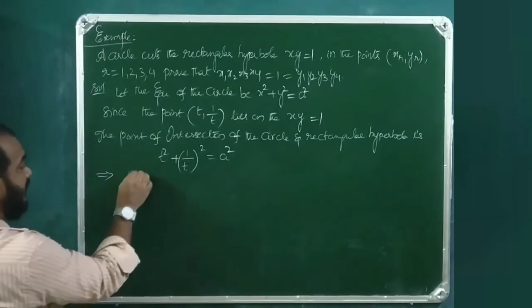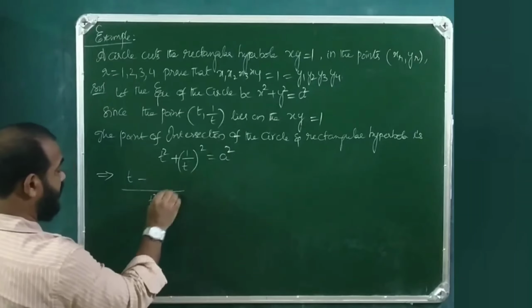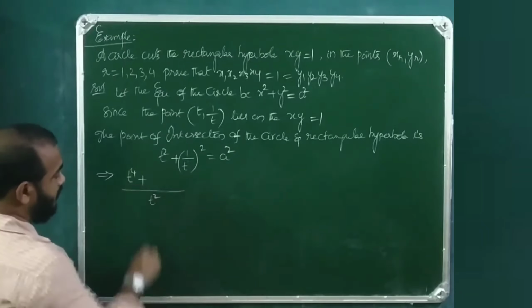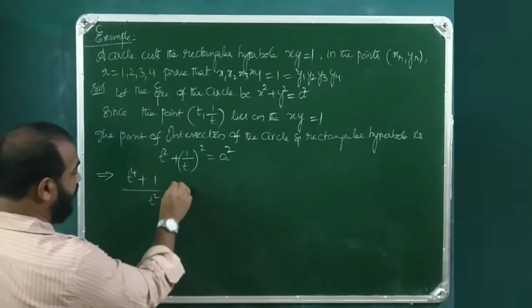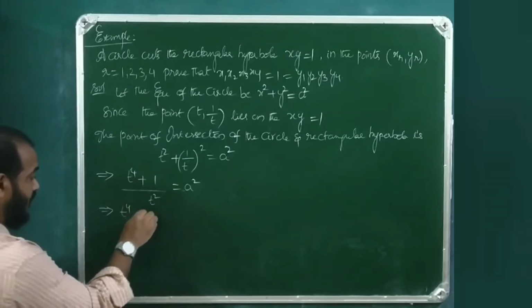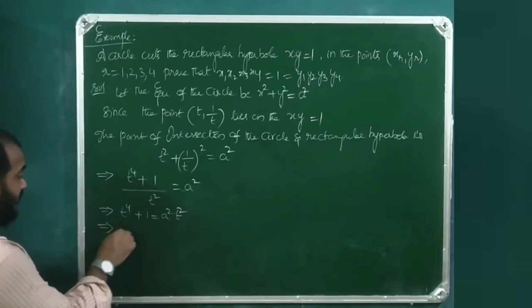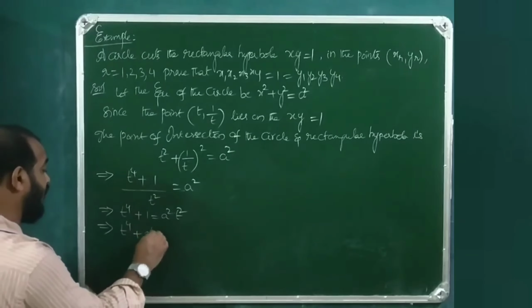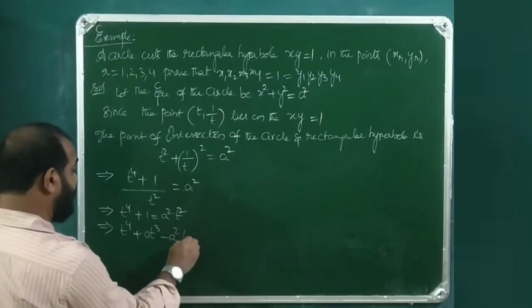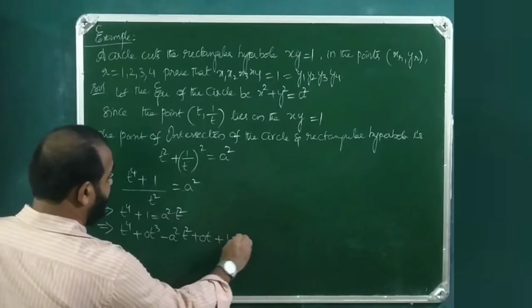So this is t square plus 1 by t square. So LCM is t square, into t power 4 plus 1 is equal to a square. So this is t power 4 plus 1 is equal to a square t square. So this is t power 4 plus 0 t cube minus a square t square plus 0 t plus 1 equals 0.